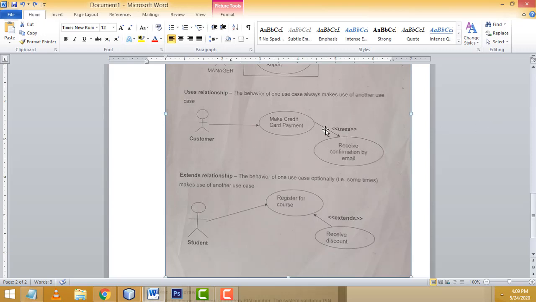Whatever you buy, you must get the confirmation mail, right? This is very important when you are building software. When the customer makes the credit card payment, you have to make sure they receive the confirmation by mail. If the customer does not receive the particular item, they will be able to show the confirmation mail. This should be very important.